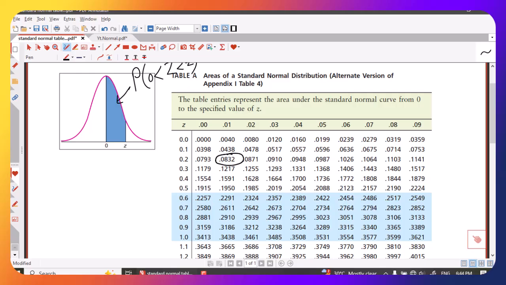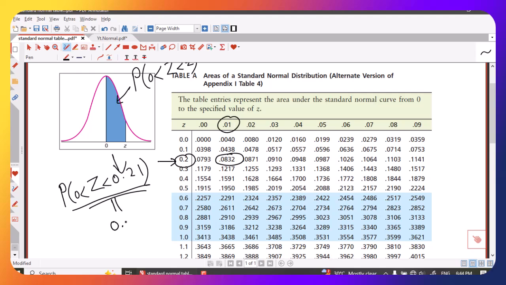For example, this value 0.0832 is nothing but area between 0 and 0.2 plus 0.01, that is 0.21. This probability is corresponding to this z value that we can write as 0.2 plus 0.01, so that is nothing but 0.0832.